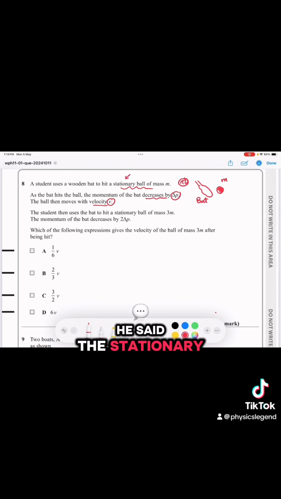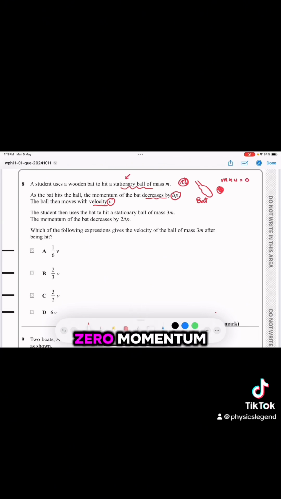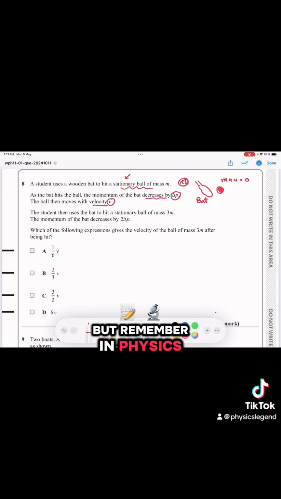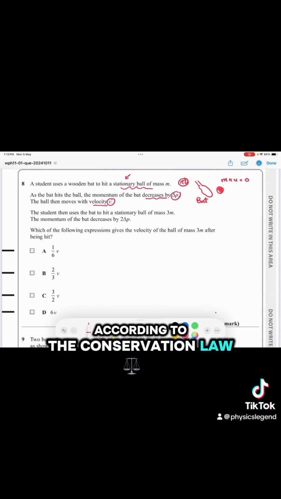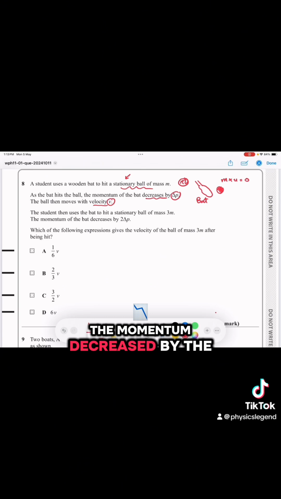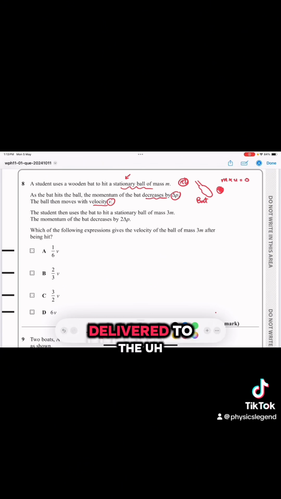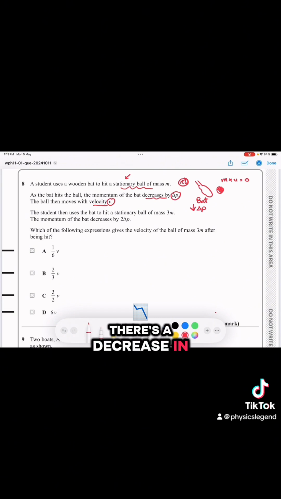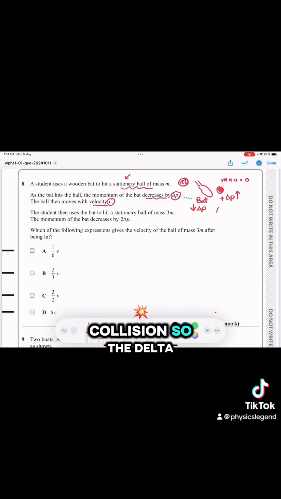He said it's stationary, so initial velocity u, so initially zero momentum. But remember in physics, according to the law of conservation of momentum, the momentum decreased by the bat is automatically delivered to the ball. So if the bat has a decrease in its momentum delta p, this is the change in momentum, which is an increase as a value and is given to the ball after the collision.